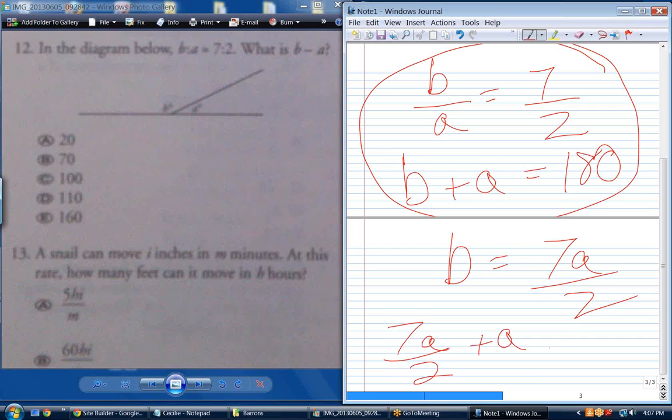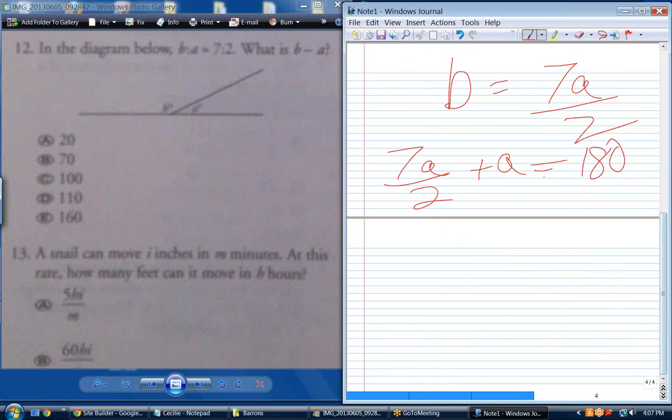So 7A/2 plus A equals 180. And then solving this for A, we have 7A/2 plus a full A. Well, this is 3.5A, this is another A, so that's 4.5A equals 180. Could you just multiply it by 2, like the whole thing?